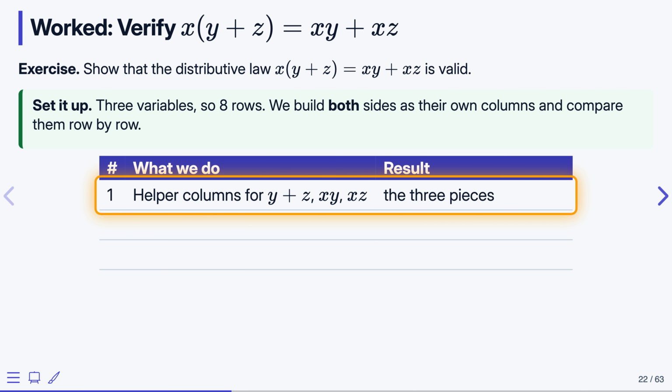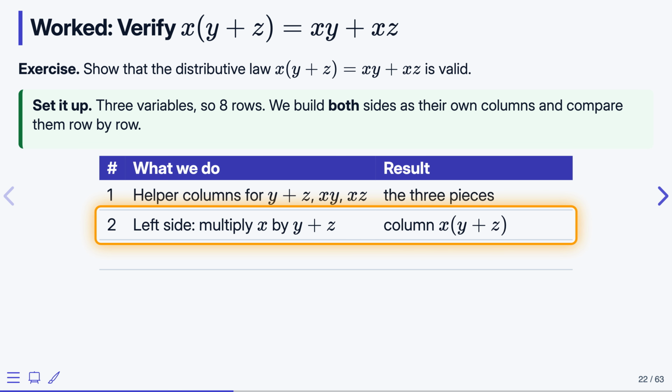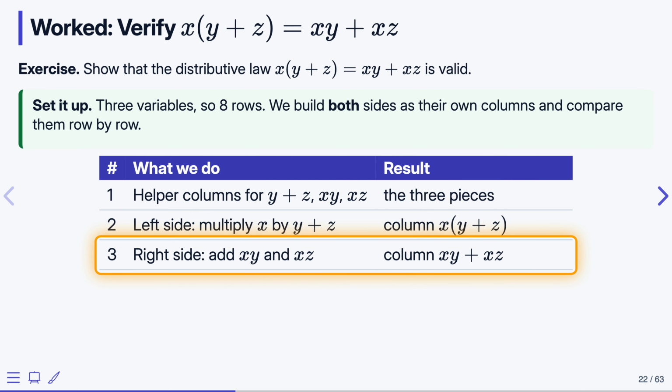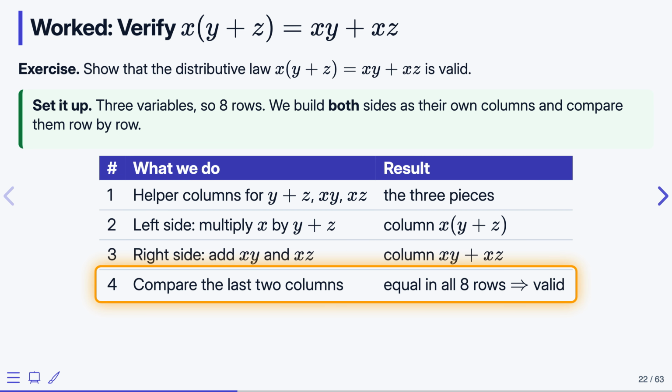A column for y plus z, a column for xy, and a column for xz. Step 2. The left side is x times y plus z, so multiply the x column by the y plus z column. Step 3. The right side is xy plus xz, so add the last 2 helper columns. Step 4. Then compare. If those 2 columns agree in all 8 rows, the identity holds.